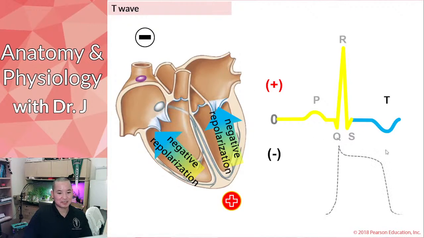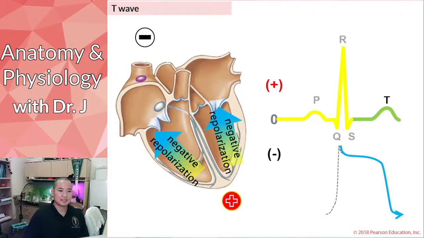I know it sounds weird, but repolarization is going to drop your membrane potential, and if repolarization went this way, it would look like this. But because repolarization goes in the opposite direction, from here to here, it's actually going to flip it around. This is why it looks like a positive deflection, because it's like taking the negative of a negative number. What's the negative of -1? Positive 1. Same with the EKG.